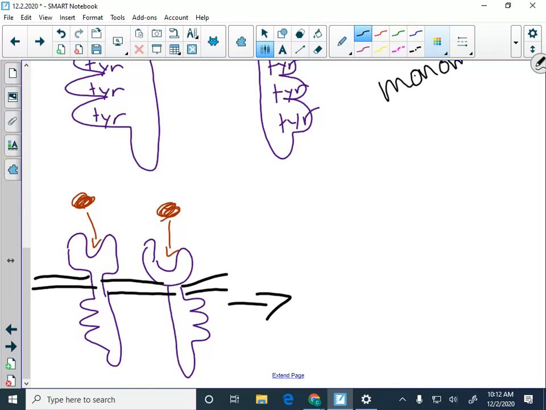Once our signaling molecules are bound, we will get a dimer. So our two will come together.